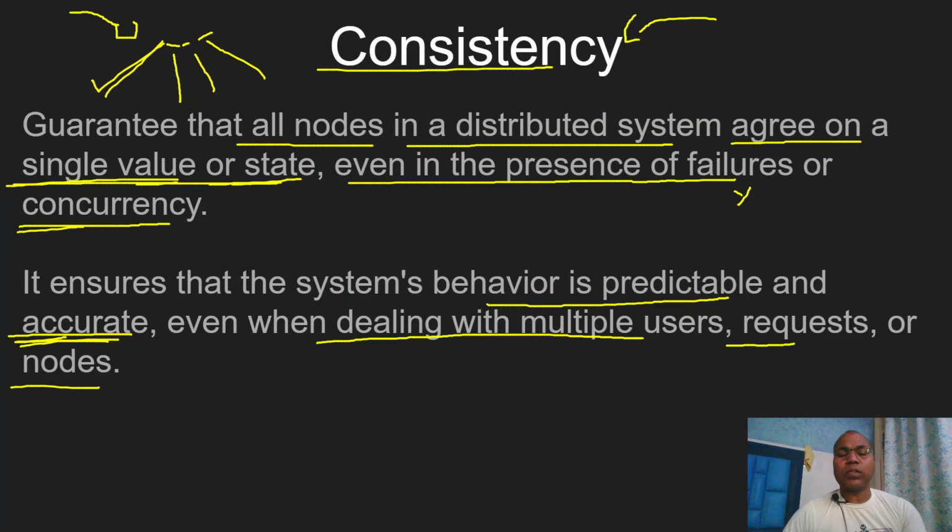Data consistency, basically, means that whatever data you are storing in the distributed system is read or written by multiple concurrent users at the same time. So you have to ensure that the updated, latest copy of the value is available for each and every request.